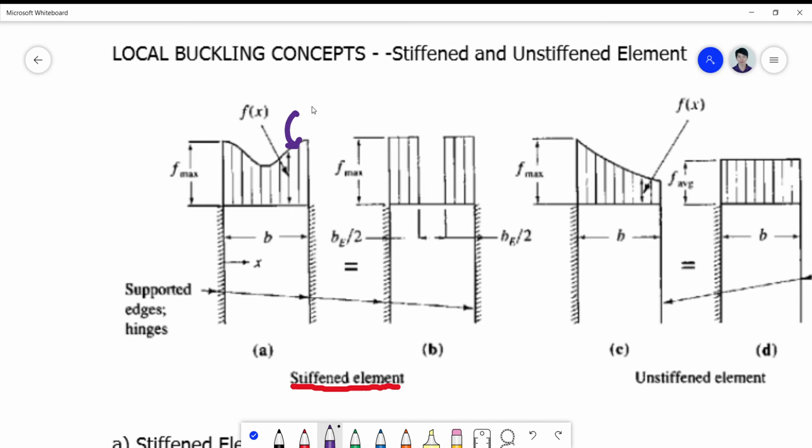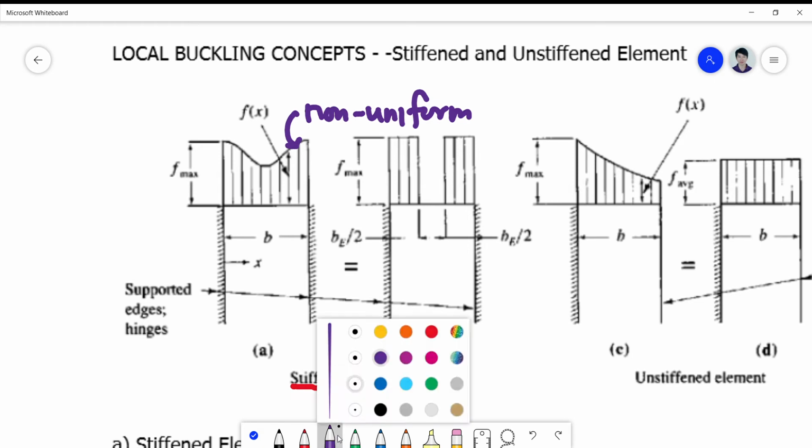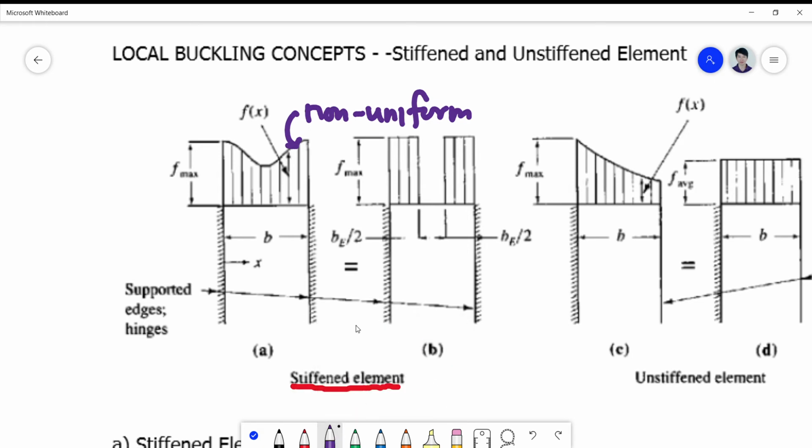So this is a non-uniform but symmetrical, symmetrically placed stress on the stiffened element itself.